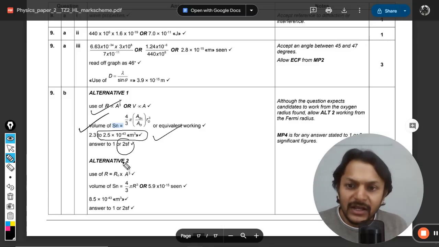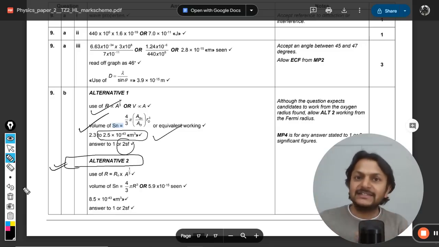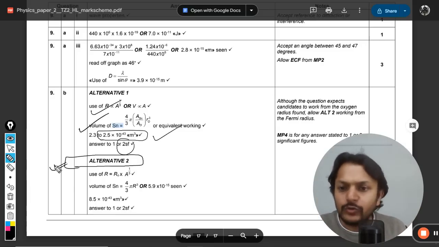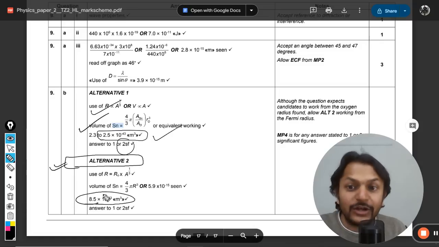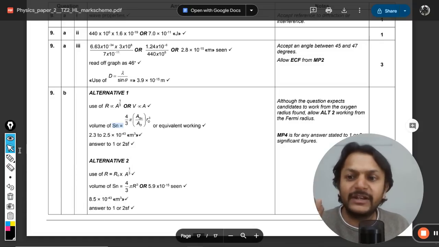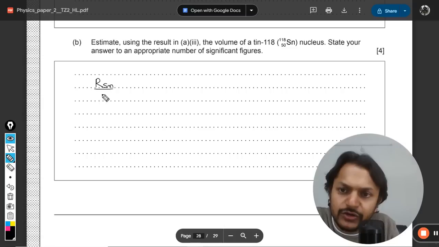Now, there is this alternative 2 also, but now this is a problem here. What is the problem? You see, in alternative 2, the answer is not the same. Here the answer is 2.5, here the answer is 8.5, and let me tell you why. What we did, I told you that we would be using this formula, the radius of tin divided by the radius of oxygen.